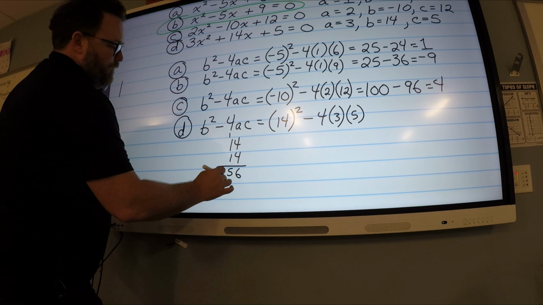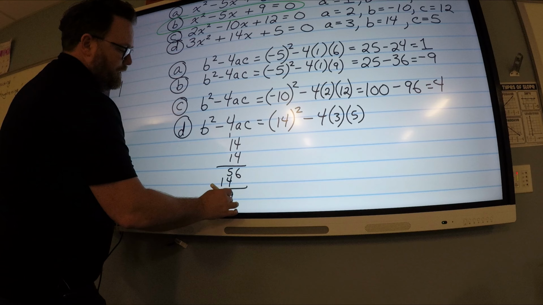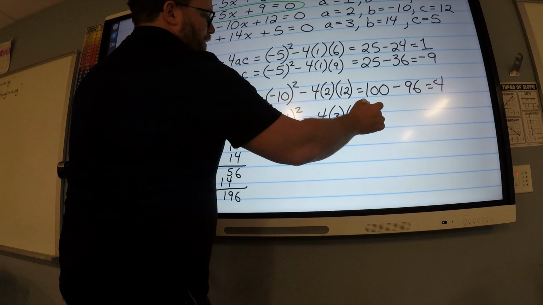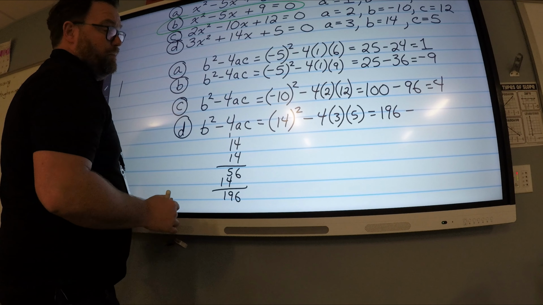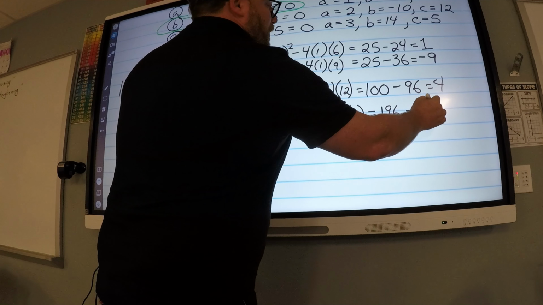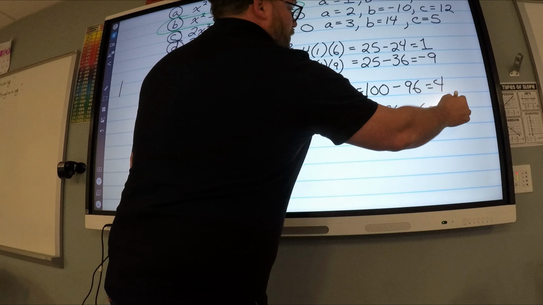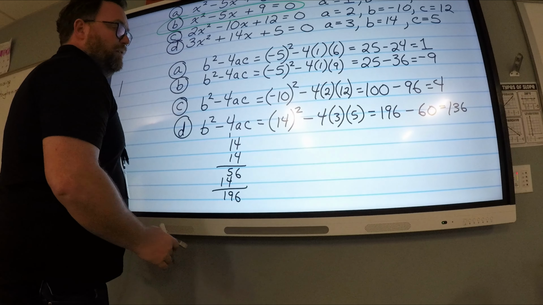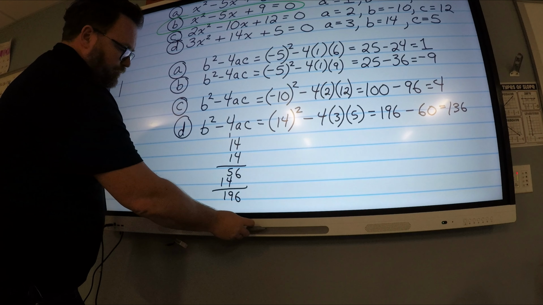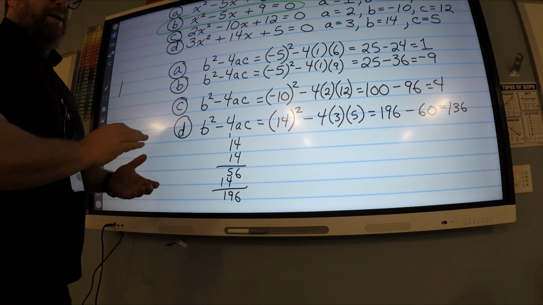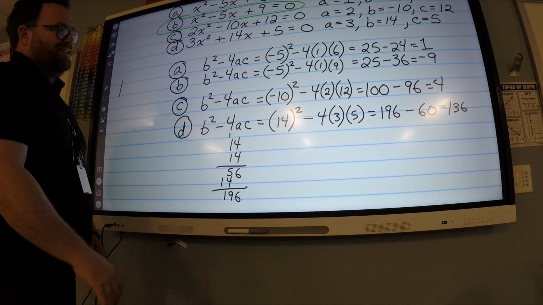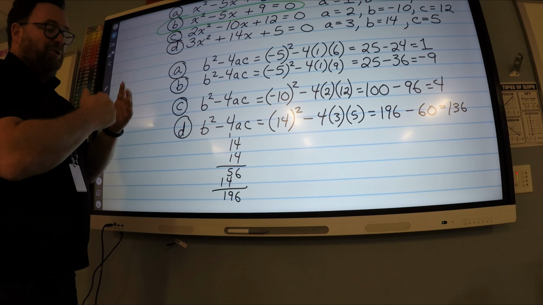And then we have 14 here, so we get 196. So this is 196 minus 4 times 3 is 12, times 5 is 60. So our discriminant is 136, so we again have real solutions. So as we can see here, B is the one with the negative discriminant, therefore it has no real solutions, and that's our solution to this problem.